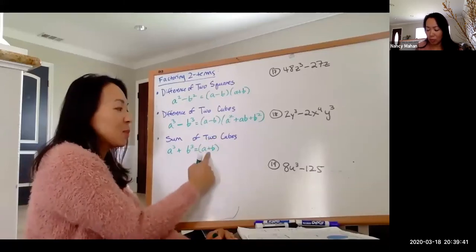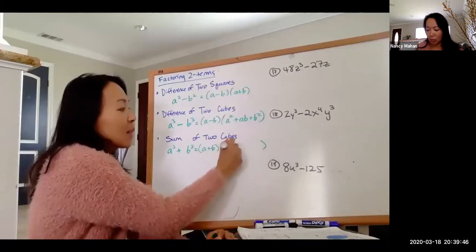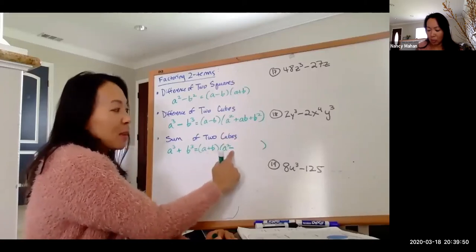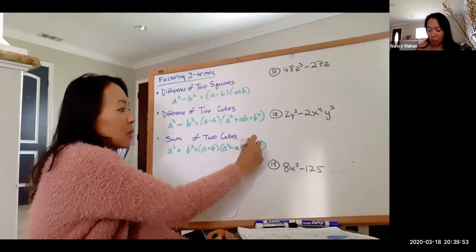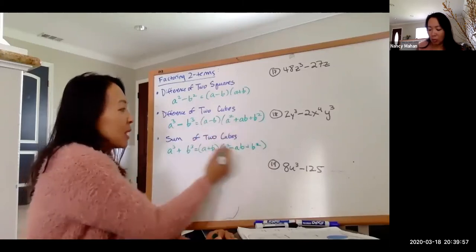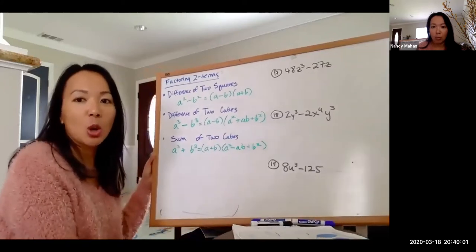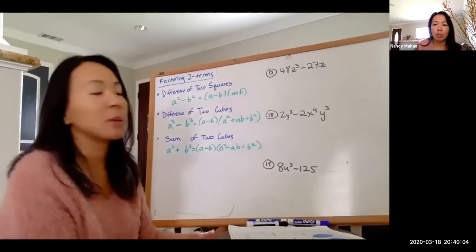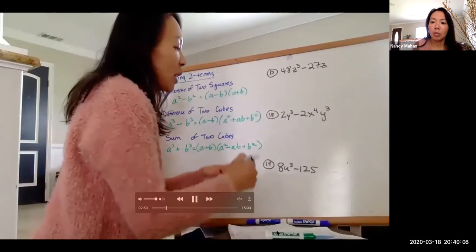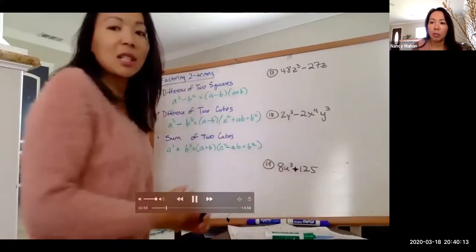Then it's exactly the same on top, except you change the sign. If this is a plus here, this becomes a minus here. Similarly, if this is a minus here, then this becomes a plus here, just to help you memorize it. These are the 3 really important formulas for you to know to do these problems. Actually, I'm going to change this to a plus here, because I notice all of these are on minus.